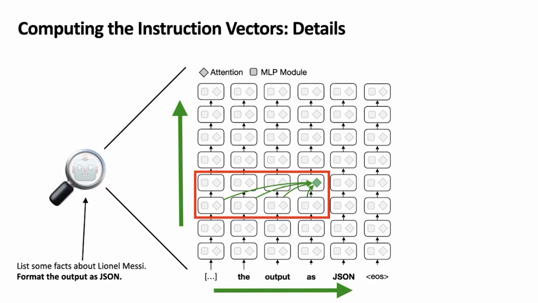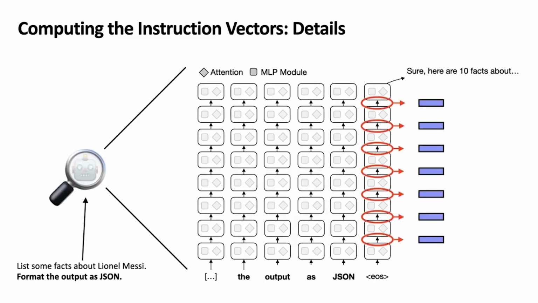In this flow of information, what we're interested in capturing is the information that the model builds, the information that is present in the model's activations at the last token of the input. This is typically a special token like end of sequence or end of turn that signals to the model that it should start generating the output.